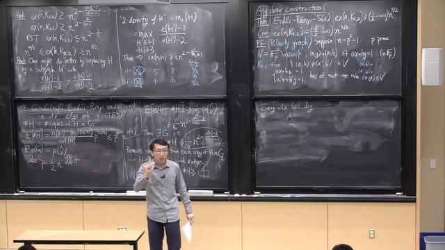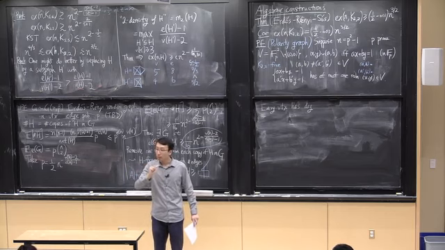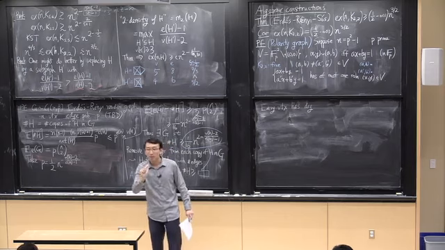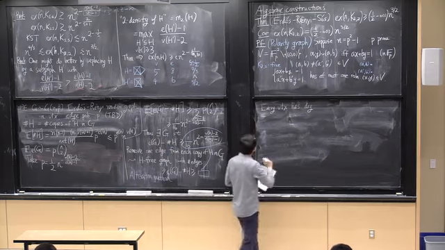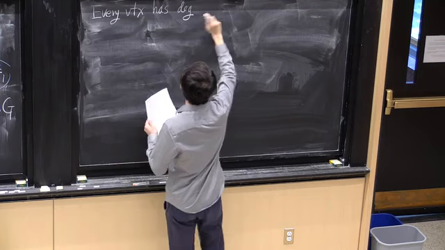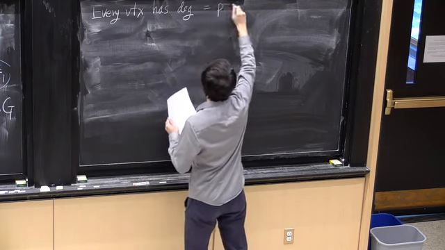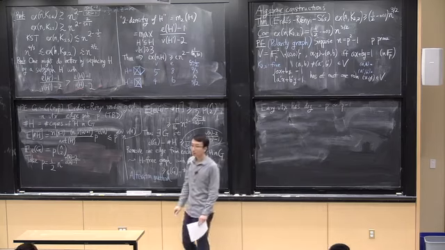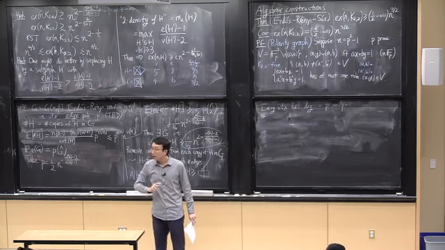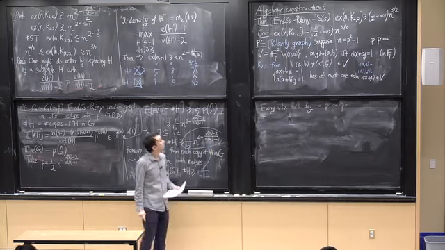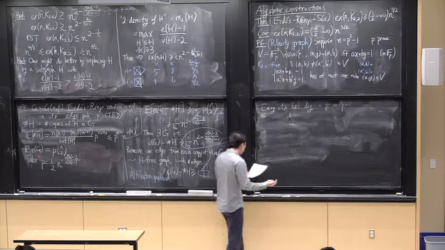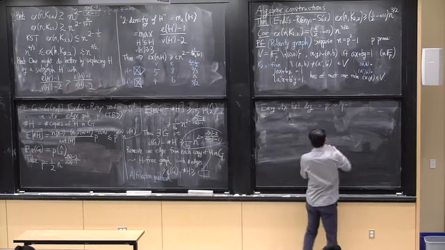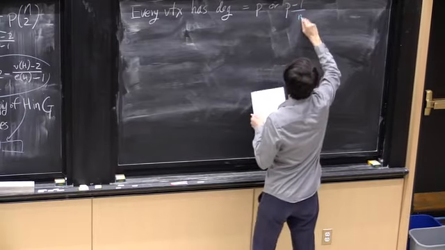I have to be slightly careful because I don't allow loops in my graph, so I might lose one edge because of that. In any case, every vertex has degree exactly p or p minus 1. So just solve that equation in x and y. The p minus 1 comes from no loops.